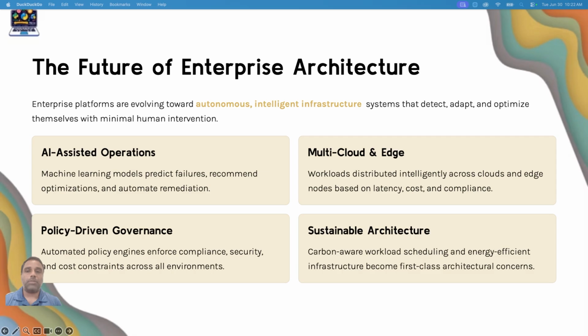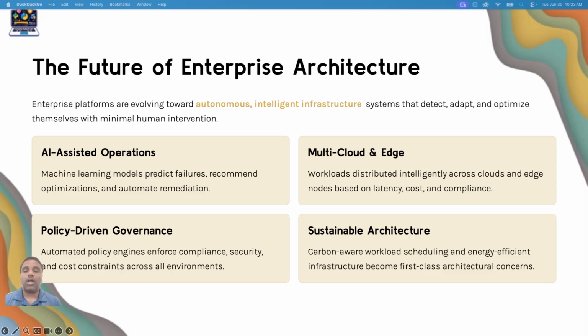Enterprises are not looking at only one cloud provider, but at multiple cloud providers for various reasons, for regionality, or for better resiliency. Workloads are distributed intelligently across clouds and edge nodes based on latency, cost, and compliance requirements.